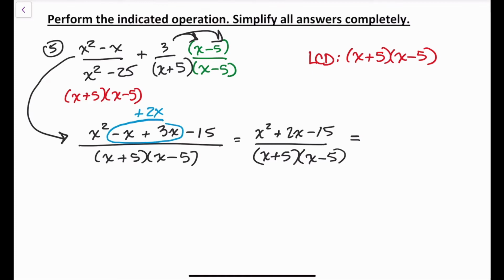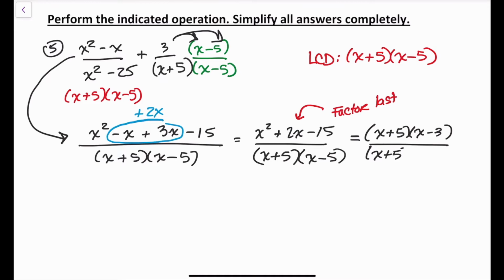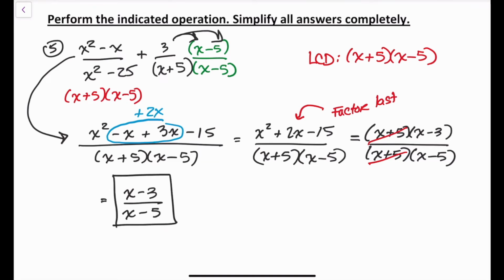Now, if you saw that you could skip to that next step without writing down all of these steps, that is fine. I'm just trying to show what's going on here so nobody gets lost. But you do need to show all of your work on your test or quiz. But if you went from the expression on the left all the way to the expression on the right, that's completely fine. So we're going to simplify the x plus 5 factor, and we're left with x minus 3 all over x minus 5.